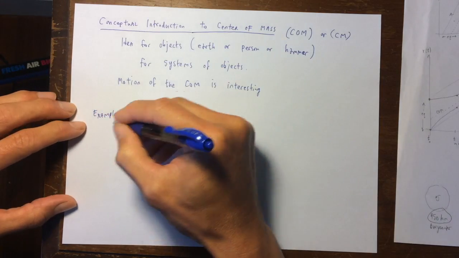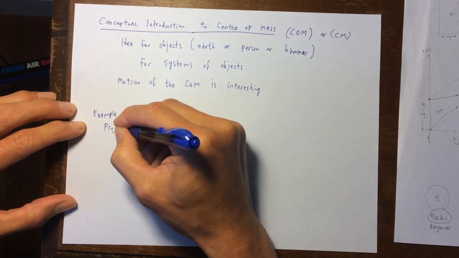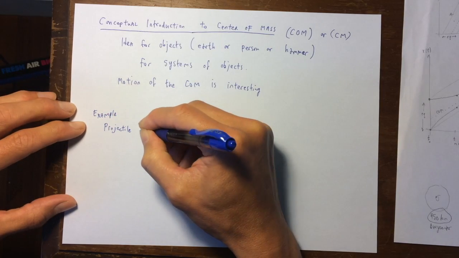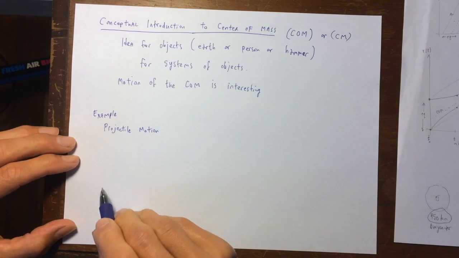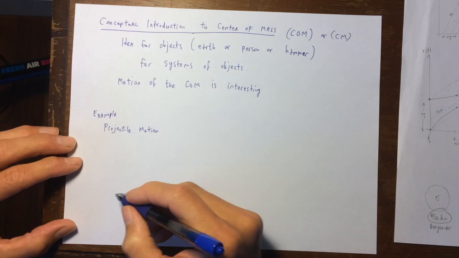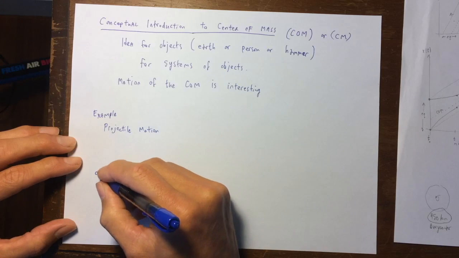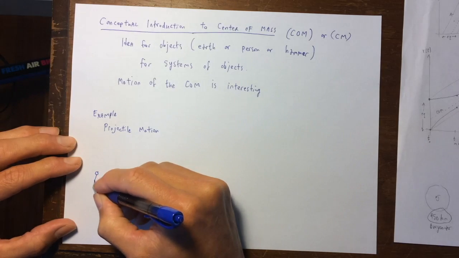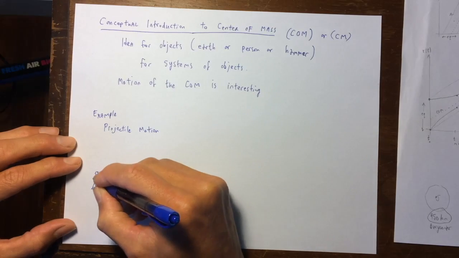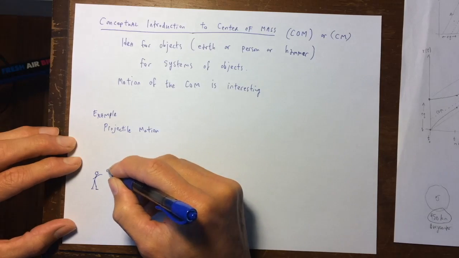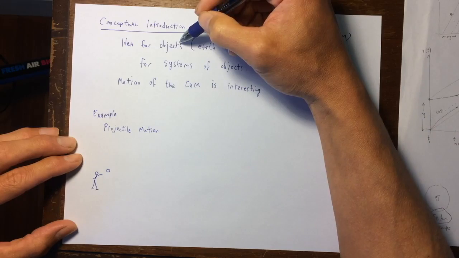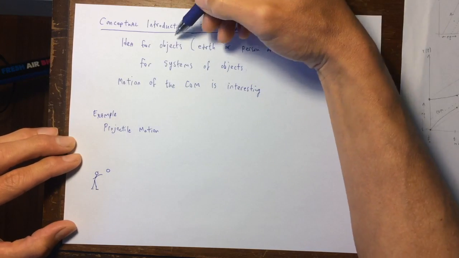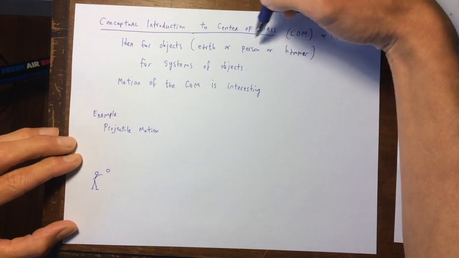An example is projectile motion. So let's say that somebody throws a rock, and this little rock is an object, and I'm telling you that objects have what's called a center of mass.